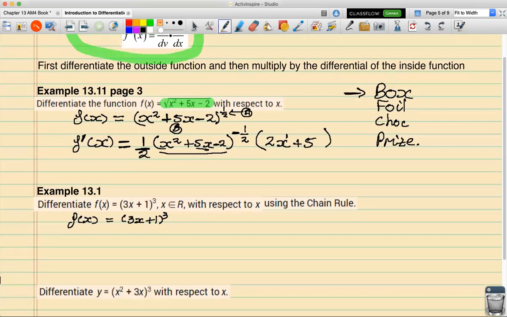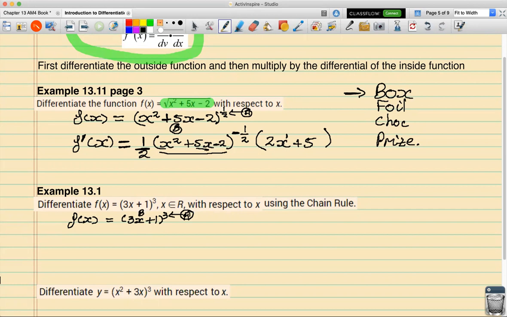Now, I've been a bit silly here because I've left it a bit tight, but we'll see what we can do. This outside function is the one that we focus on first, so we call it a. This inside function, we focus on it second, so we call it b.